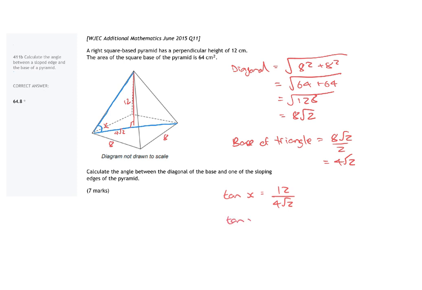So that's tan of x is equal to 3 over root 2, because 12 divided by 4 is 3. So x is equal to tan to the minus 1 of 3 over root 2, which then equals 64.7, and then it goes 6 and something else.